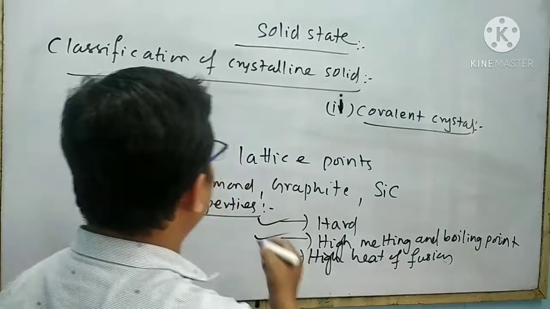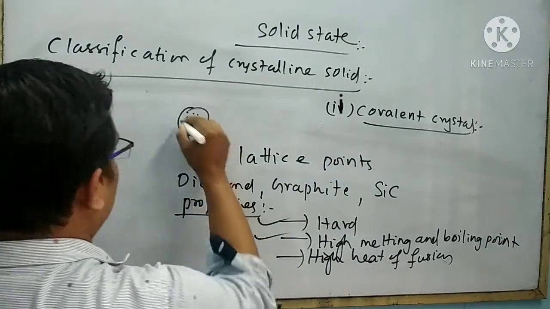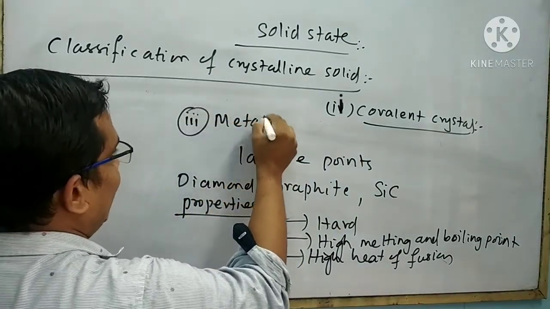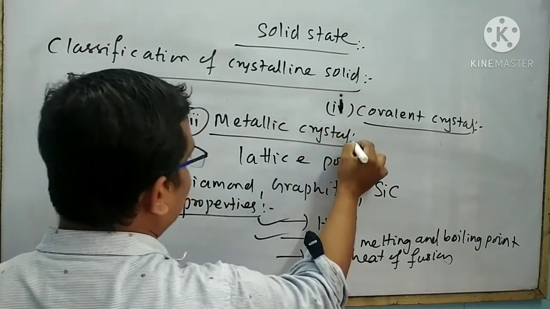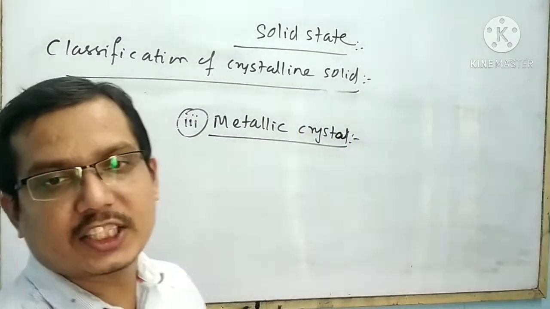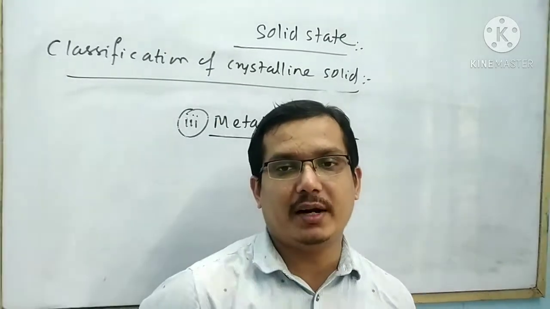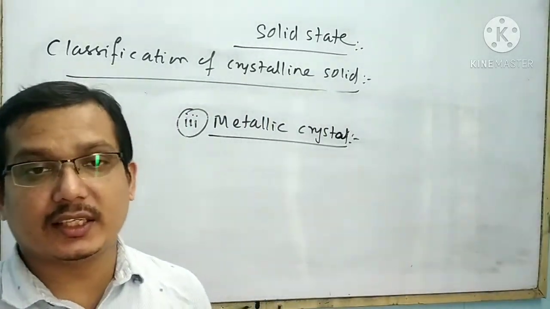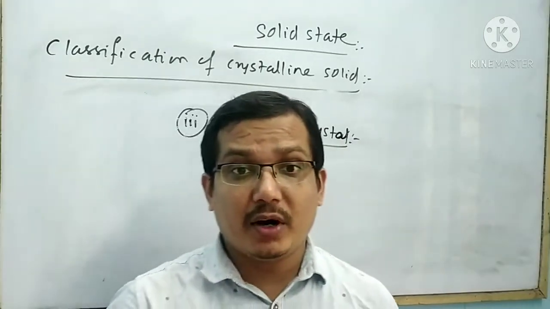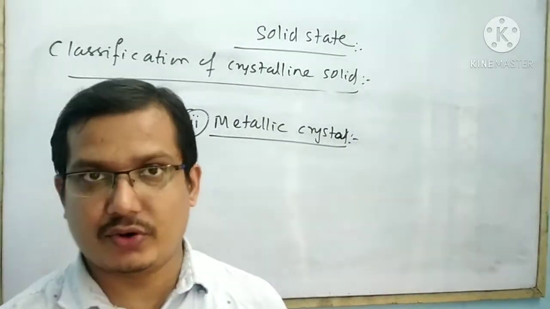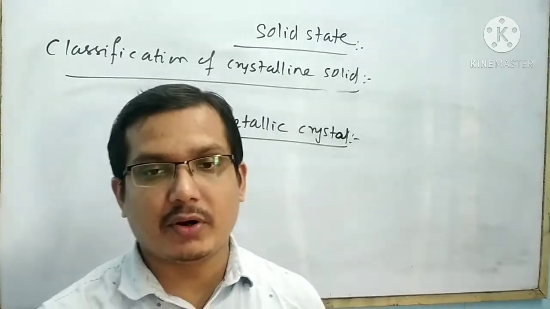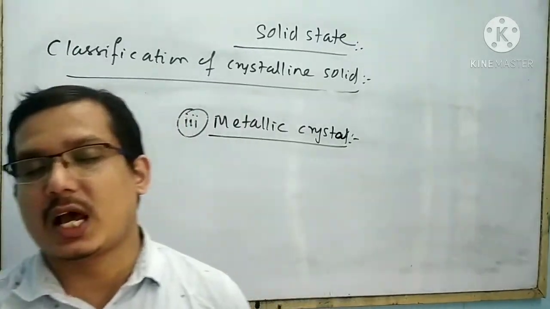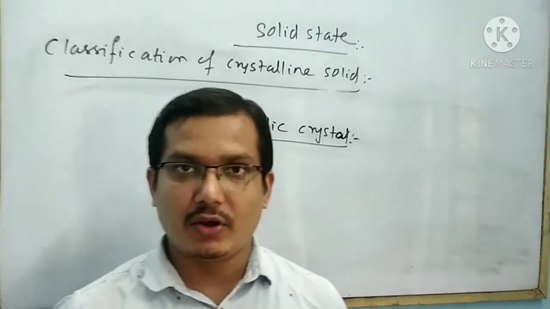Next I will discuss the metallic crystal. When the lattice points in crystals are occupied by positively charged metal ions immersed in a sea of electrons and are held together by metallic bond, then such crystals are called metallic crystal.